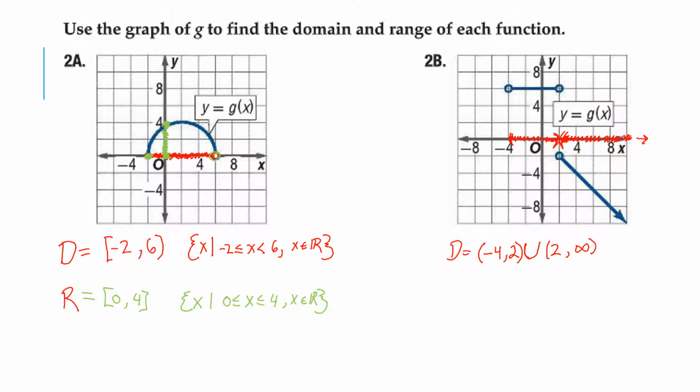In set builder, I would do the same thing. I'm going to say x such that -4 is less than x is less than 2, or x is greater than 2, and then I need to say x is a real number.